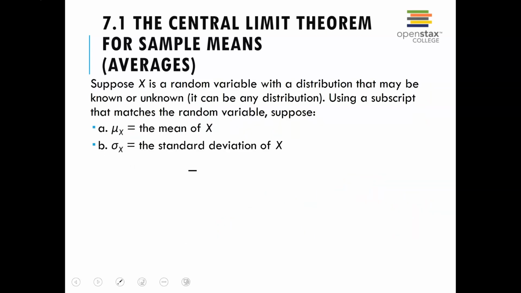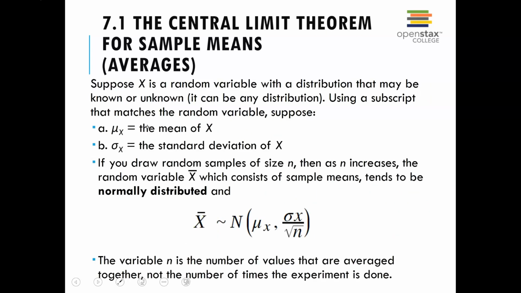So we want that number to get larger and larger. That variable n, that sample size, is the number of values that are averaged together, not the number of times the experiment is done. And if those sizes increase, then the random variable that is made up of those sample means will form a normal distribution.